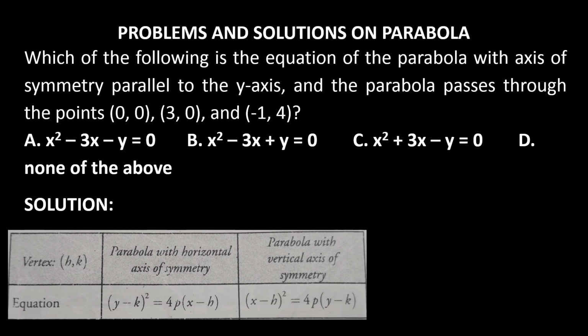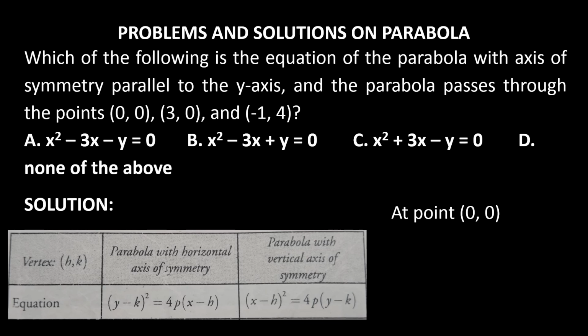Talking about the problem, we have here parallel to the y-axis. When we talk about parallel to the y-axis, it refers to the vertical line. So if it is a vertical line, this problem belongs to the second equation, which is (x minus h) squared equals 4p times (y minus k). So first, we have the point (0, 0).